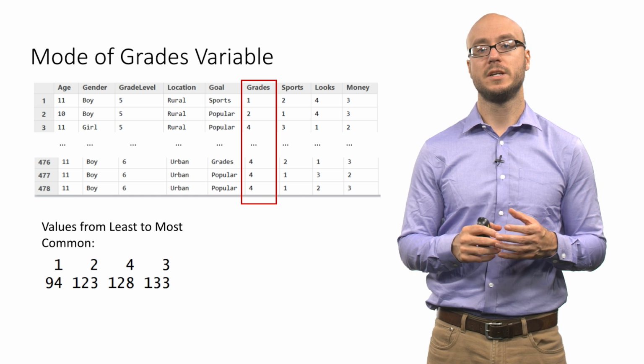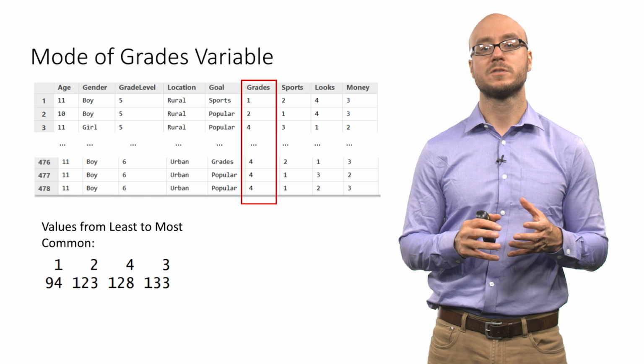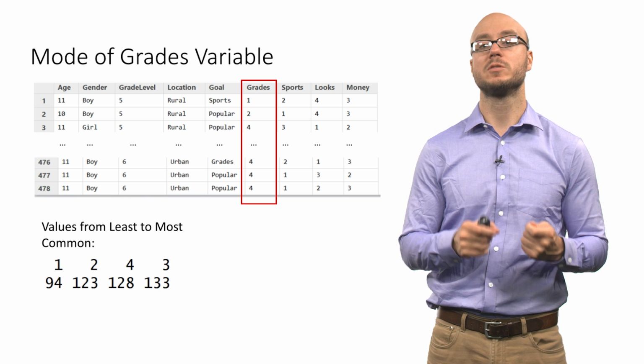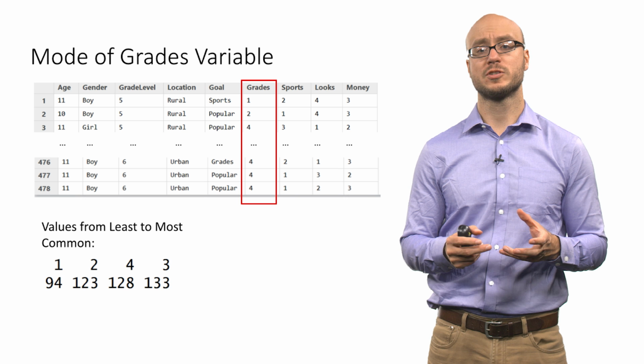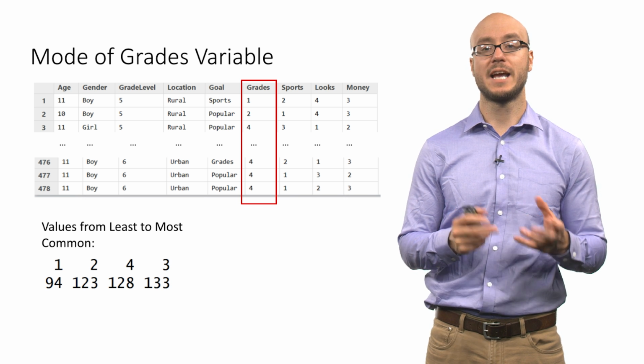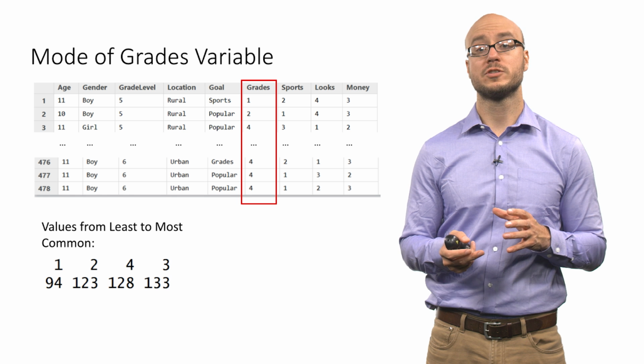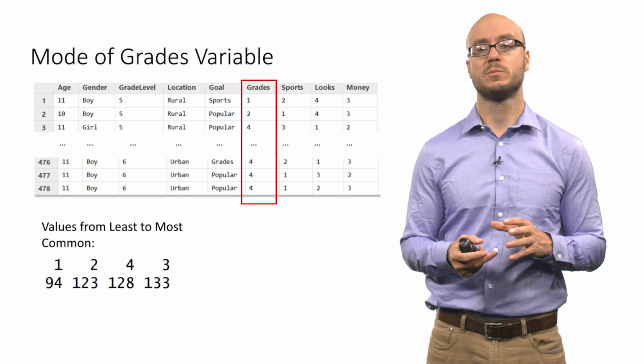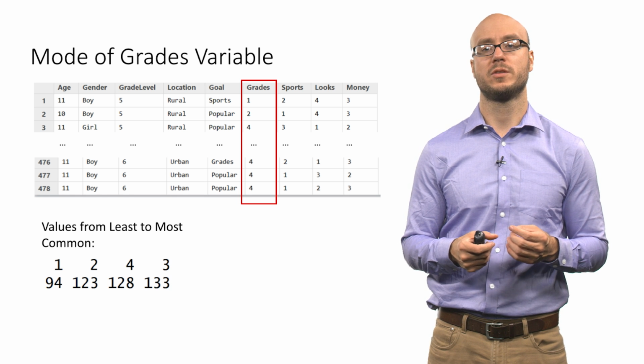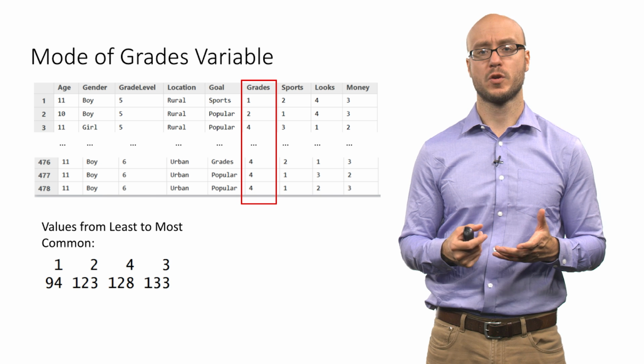So you can see here that 94 students ranked grades as the most important. Then 123 students ranked grades as the second most important attribute. 128 students ranked it as the 4th most important attribute, and 133 students ranked it as the 3rd most important attribute.